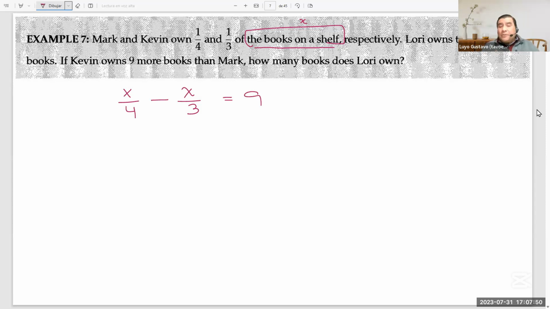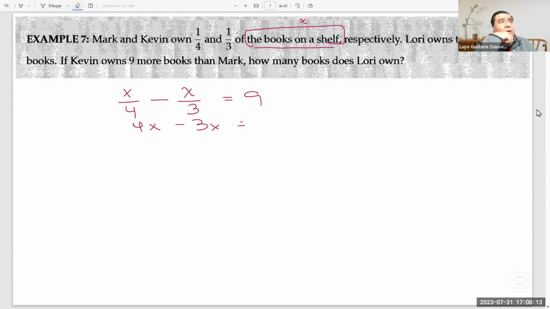Okay, multiply everything by 12. So you get here 4X minus 3X. This equals what? Oh, sorry, here it should be the other way around.